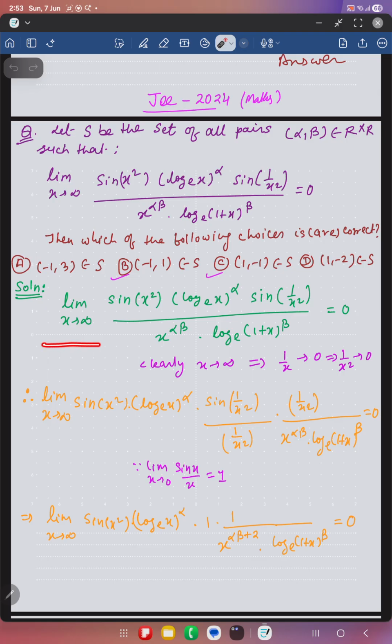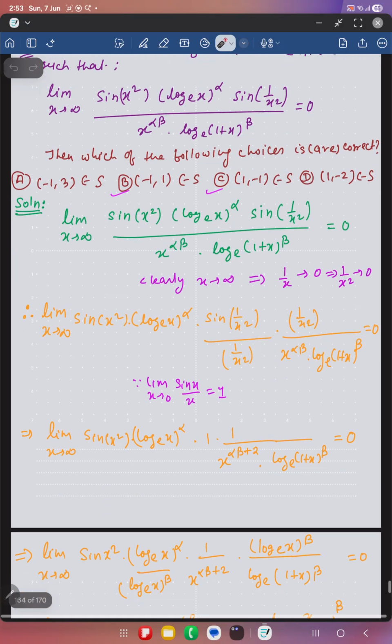This is our expression which is given in the question, that the limit of this whole function as x tends to infinity is 0. Now clearly x tends to infinity means 1 by x will tend to 0, or 1 by x square will also tend to 0. Therefore for sin 1 upon x square, if we multiply and divide by 1 upon x square in numerator and denominator, we will get the limit as x tends to 0 of sin x upon x type of function, which will give you 1.